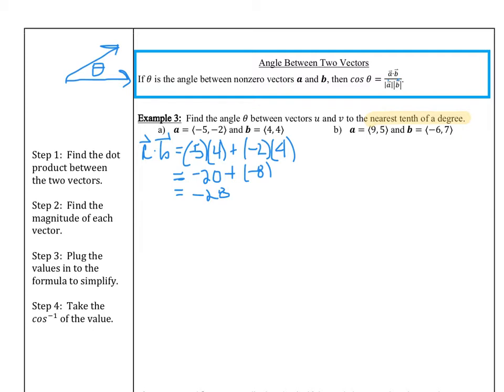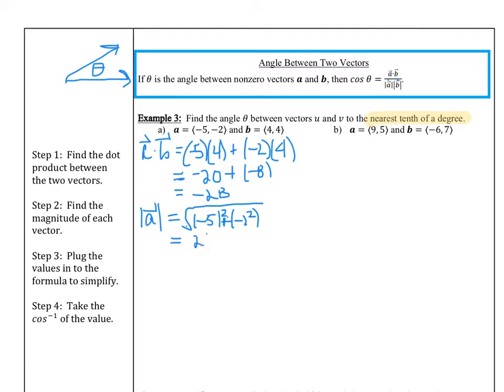Then to get my denominator, I need to find the magnitude of my vectors. So I'm going to start by finding the magnitude of vector A, and I'm going to use essentially the Pythagorean theorem for this. So I'm going to take my -5 and square it, and my -2 and square it, add those together, and then square root.